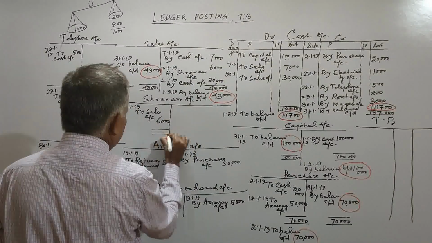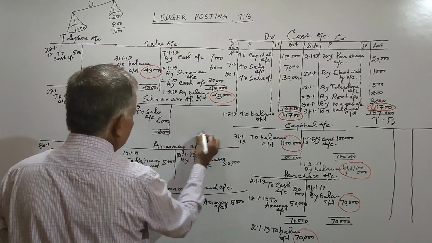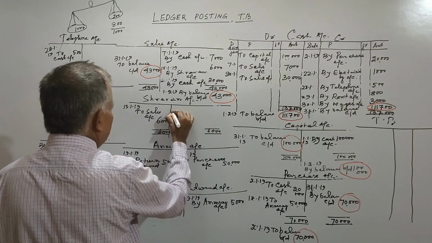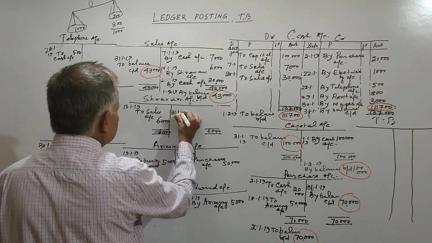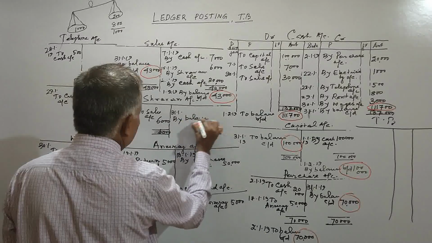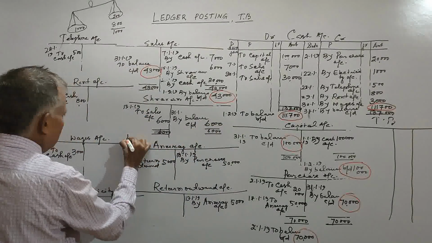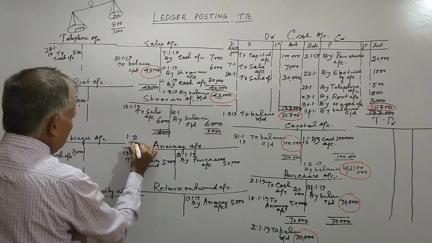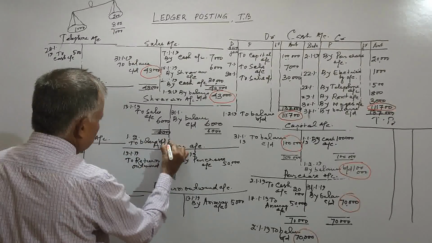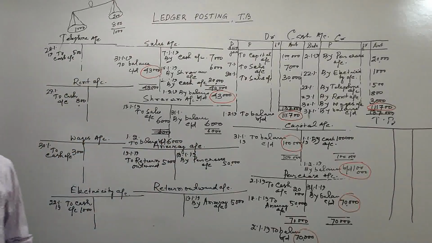Now Shravan is only debit here. There is no credit. So I am writing 6,000 here, here also 6,000, and this will be your last date, by balance CD 6,000, 31 to balance BD, this is also 6,000, right?